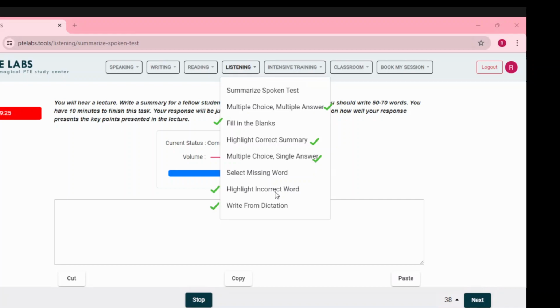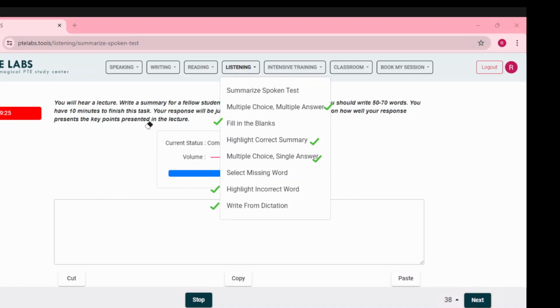For highlight incorrect word, listen carefully and highlight the different word, because here you'll get negative marks if you highlight an additional word. For example, let's assume there are 4 words for the question, but you highlighted 5 words along with the 4 correct answers. In that case, you won't get the full marks. You'll get negative marks for that additional word.